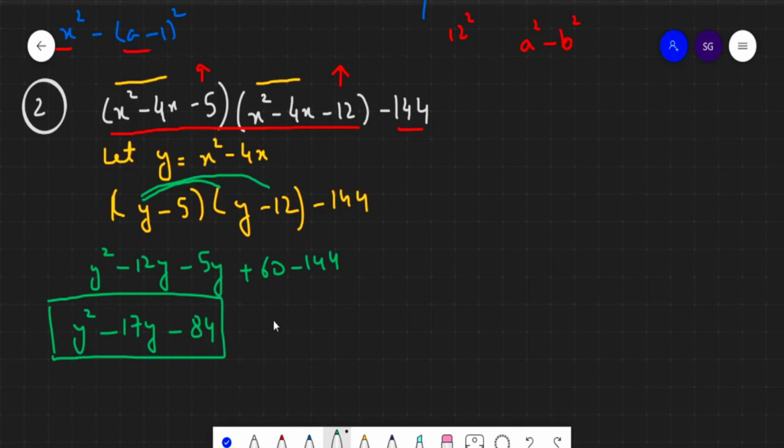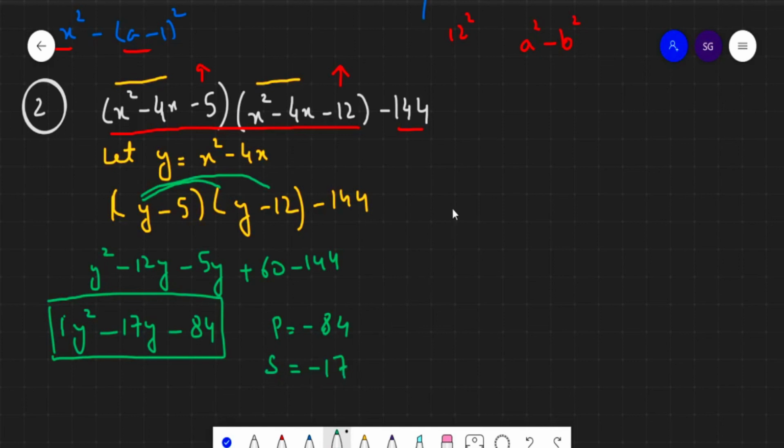Here the product is the product of extreme degree terms, which is negative 84, and the sum is negative 17. As per the tips and tricks I told you for product and sum, product is negative, so you are taking two different signs for multiplication, and sum is negative 17. It means a bigger value will have the negative sign.